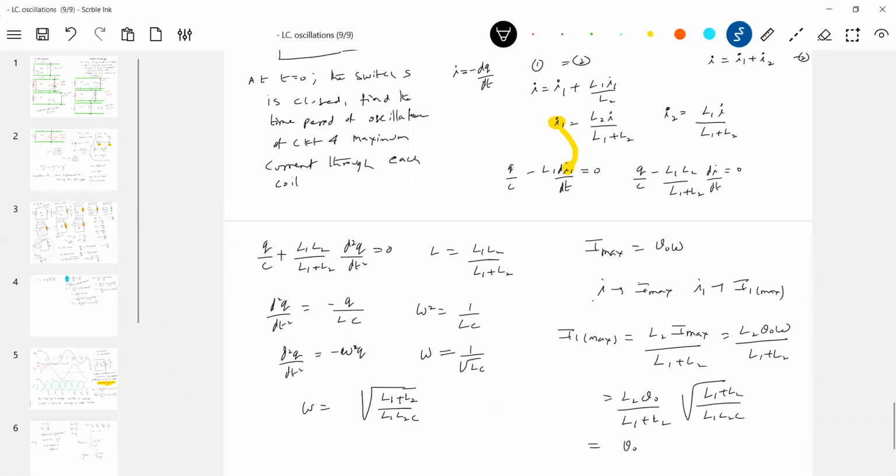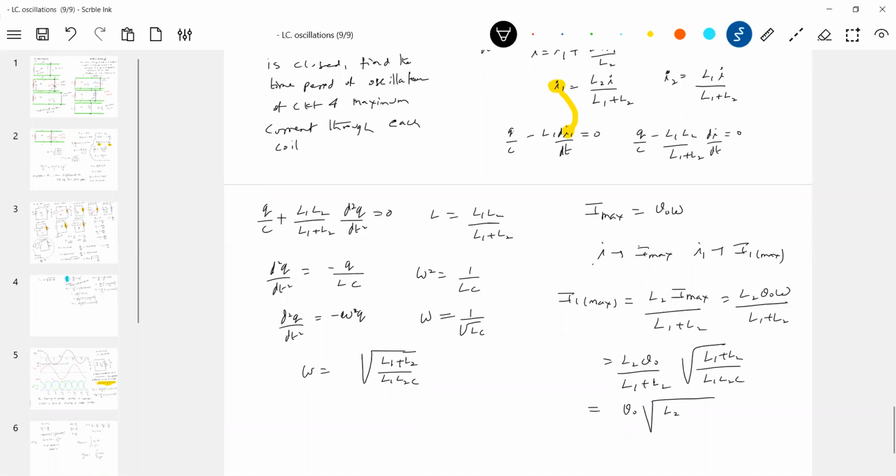Q naught will be there outside. This L2 will come inside. So L2 by L1 C, by L1 plus L2. Check it.